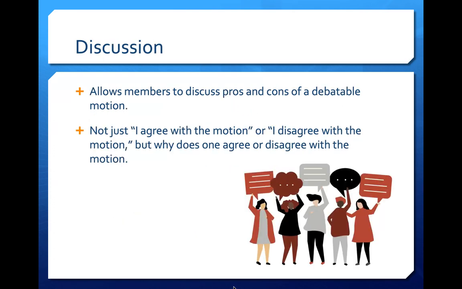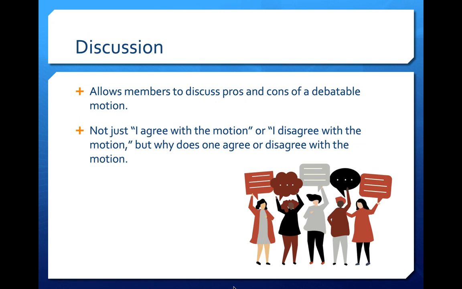Discussions are an important part of parliamentary procedure because it gives people an opportunity to give their input. It gives them an opportunity to discuss a motion and tell why or why not we should be doing a particular motion. And so it should be more than just saying, oh, I agree with so and so.